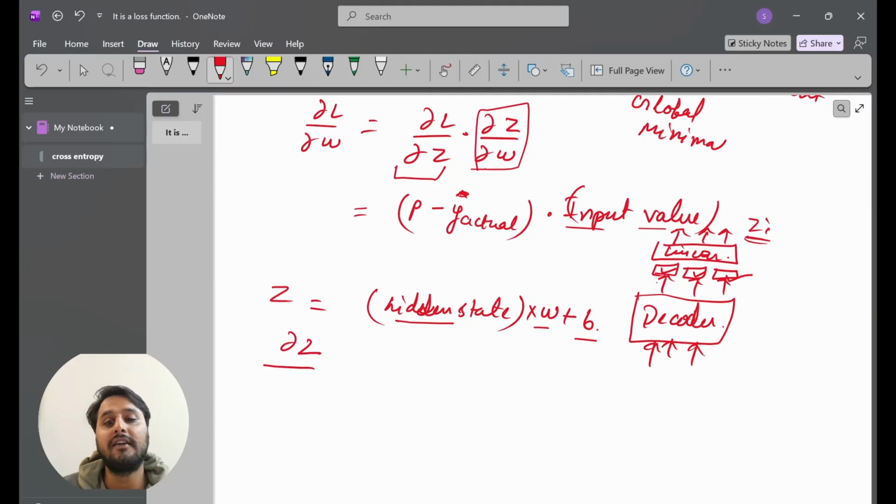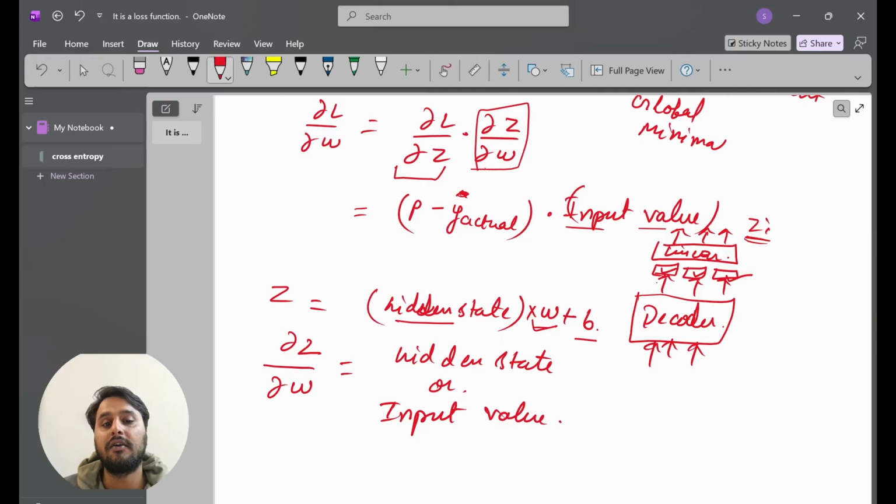When we apply the derivative with respect to weight, then this W gets cancelled out. When we apply the derivative, what remains is the hidden state, or we can say the input value of the linear layer, and the bias becomes 0 because it is a constant value.